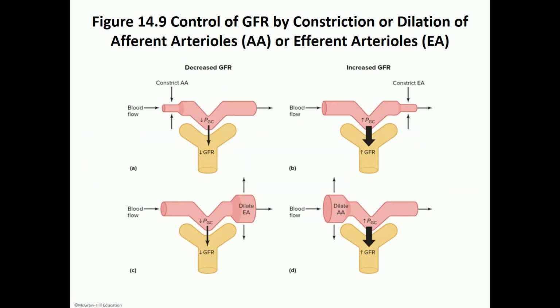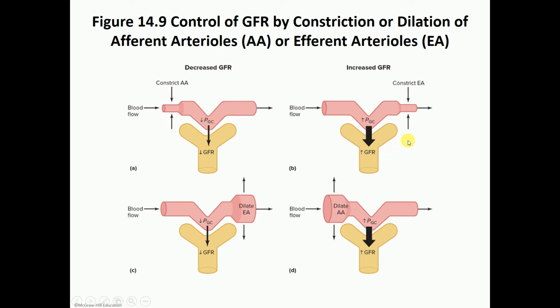We talked about changing the hydrostatic pressure by playing along with the diameters of the afferent versus the efferent arteriole. So in these two scenarios, whether we constrict the afferent or dilate the efferent, both of those scenarios will lead to a decrease in the hydrostatic pressure in the glomerular capillaries, which leads to a decrease in the glomerular filtration rate.